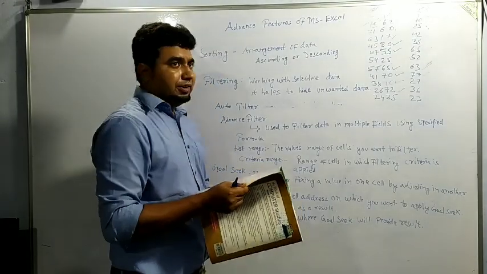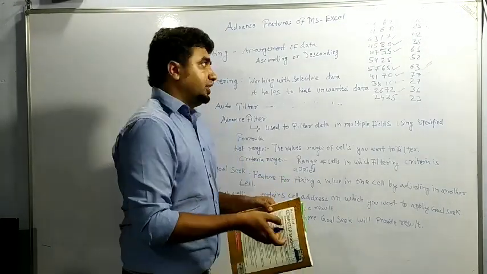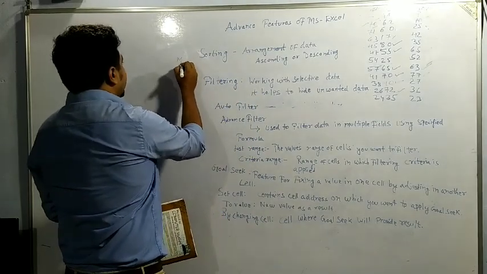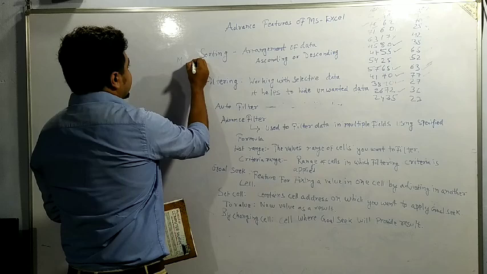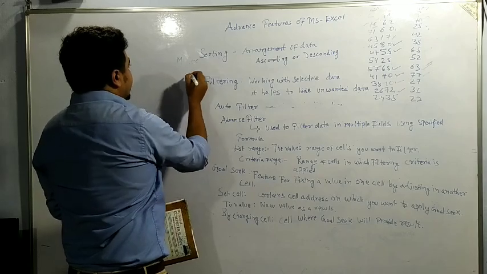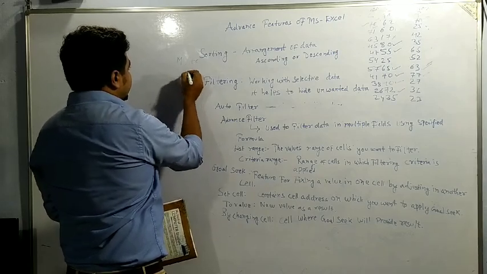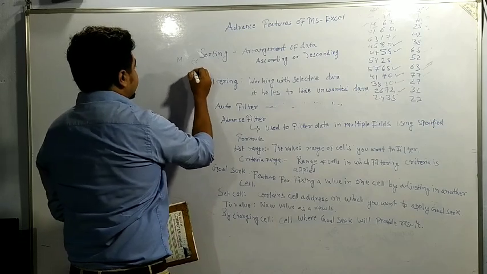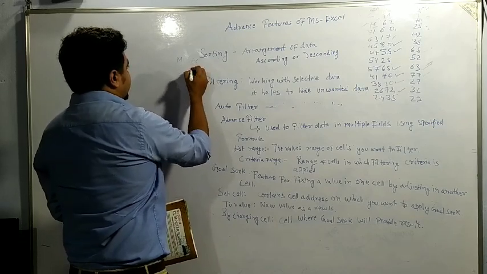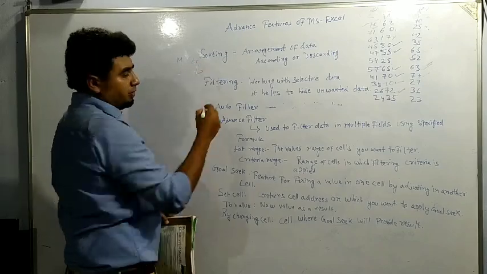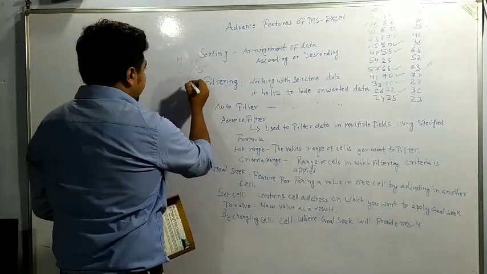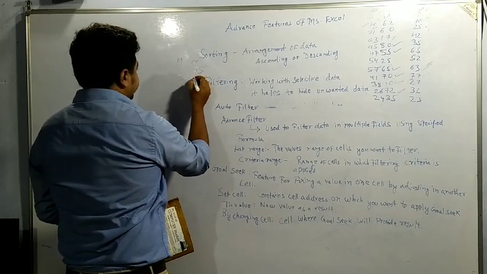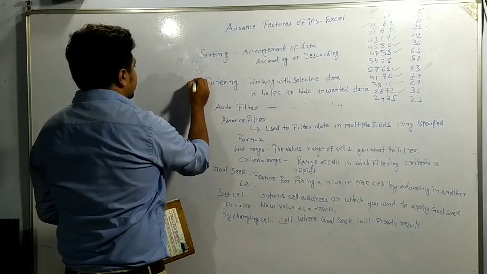Goal-seek is like this: suppose you are getting some marks, if in maths I take your marks as 60, in computer if I take you have got 40, 36, or 45, and in physics you have got 60.